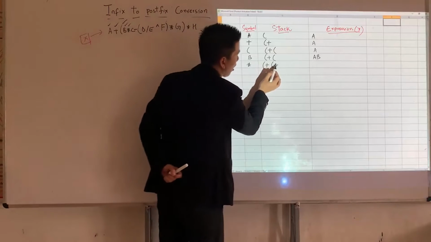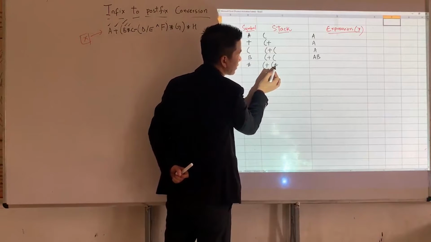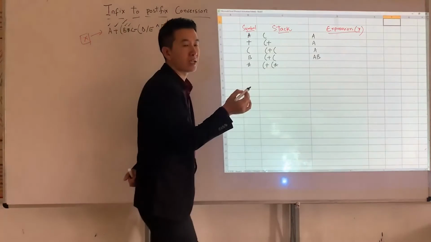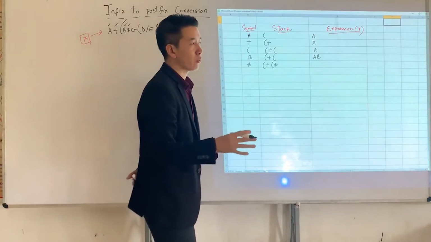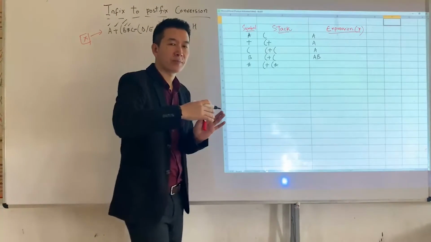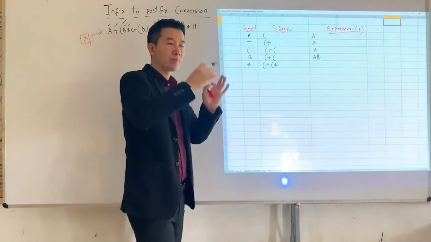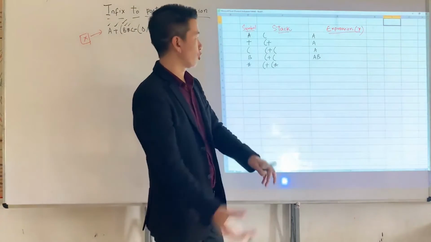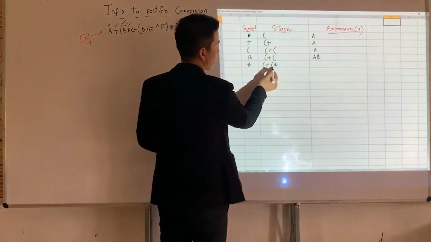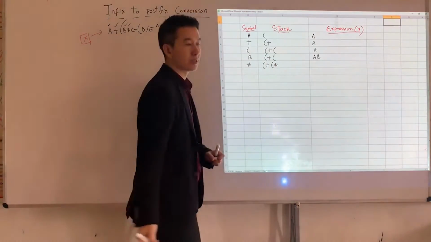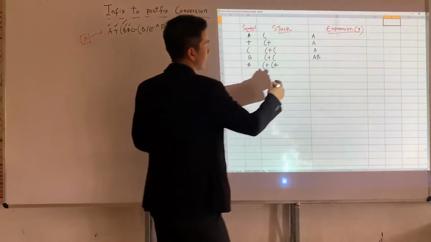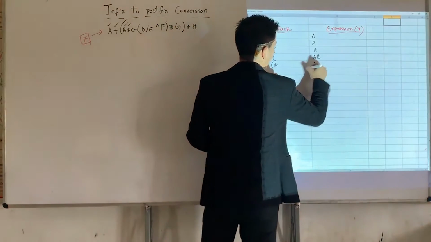Now since there are no operators preceding the multiplication operator because of this brace, there is no question of checking whether earlier operators have to be popped and added to the expression. And this AB will remain as AB.